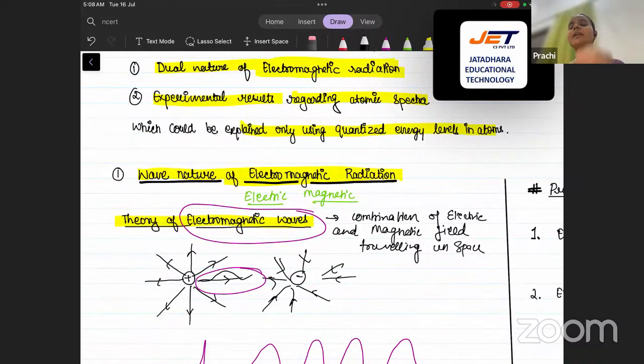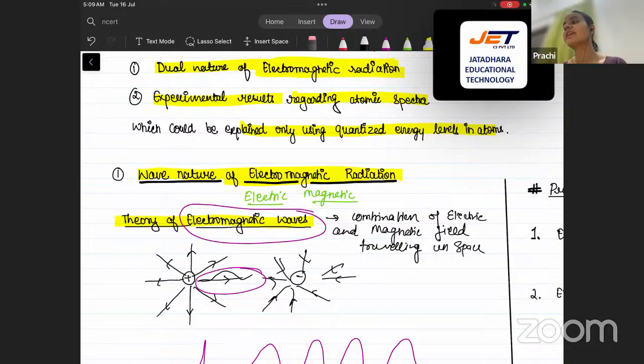We learned that whenever I have a charged particle which is accelerating or which is oscillating, then with that there is a generation of the electric and the magnetic field, right? And if this charged particle is accelerating, then there will be a change in the electric and the magnetic field. And that's how I will get the electromagnetic waves.